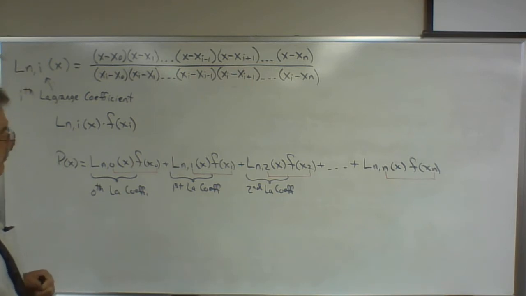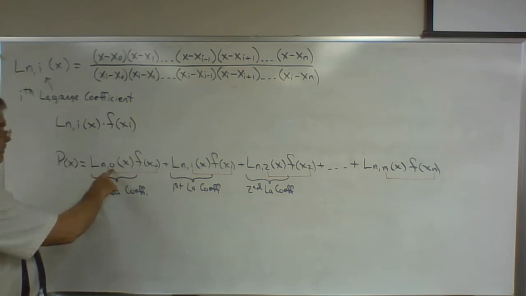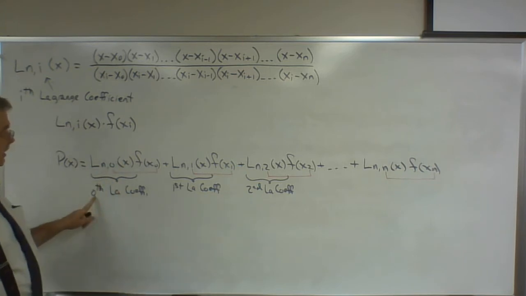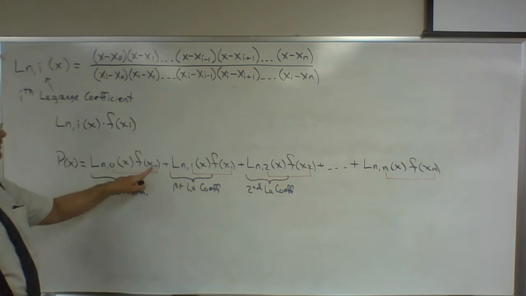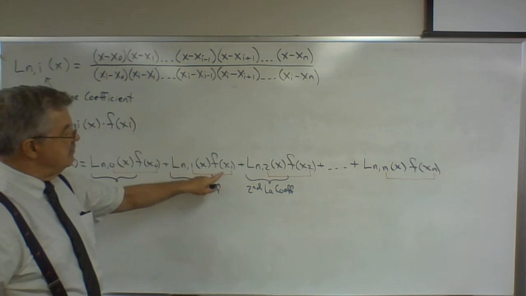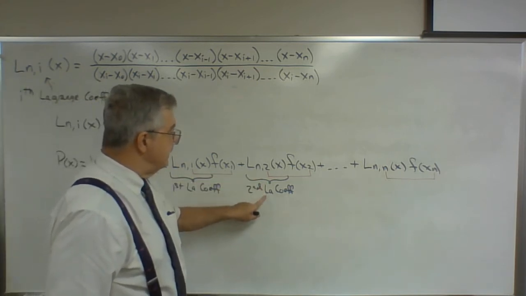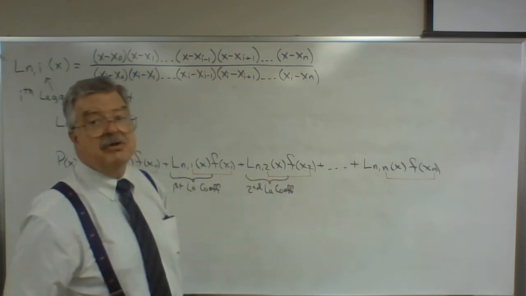So this sort of explains the second subscript. The second subscript tells us which Lagrange coefficient this is. This is the zeroth Lagrange coefficient. It multiplies f of x naught. This is the first Lagrange coefficient. It multiplies f of x of 1. This is the second Lagrange coefficient. It multiplies f of x of 2 and so on.